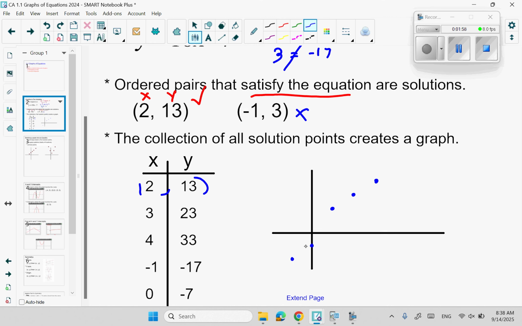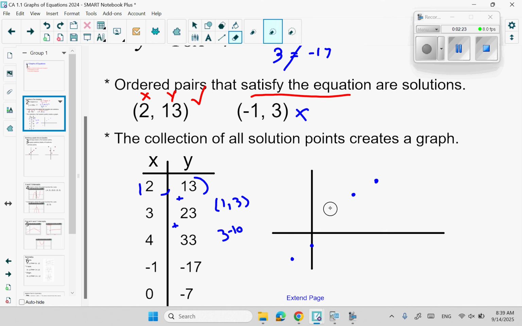Now, ideally, we would recognize the shape here. If we had actual grids, it'd probably show up a little bit easier. It looks like we're going up by 10 every single time. So theoretically, we'd also get the coordinate 1, 3. And if we subtract, 3 minus 10, we'd get -7. So ideally, if I drew this correctly, it should be a line.